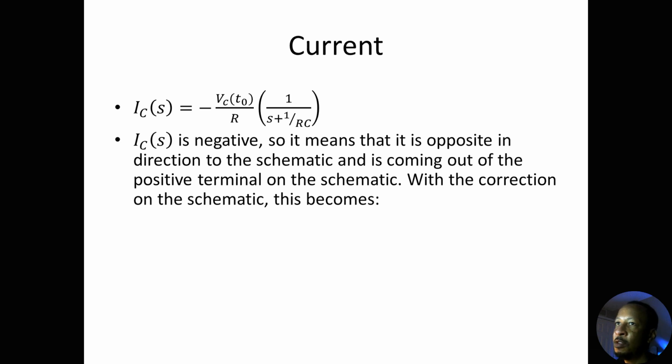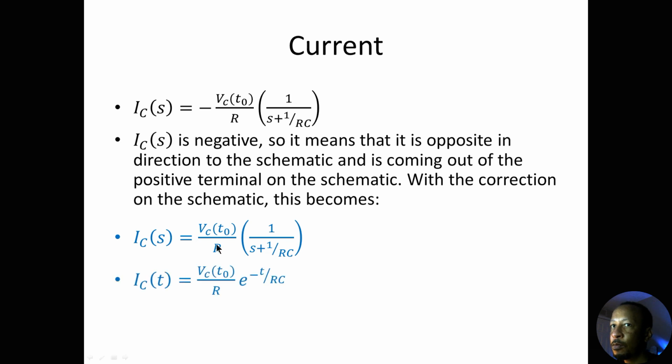With the correction on the schematic, this becomes IC of S equals VC of t sub 0 divided by R times 1 over S plus 1 over RC. And so now the time domain expression for IC of t is IC of t equals VC of t sub 0 divided by R times e to the negative t divided by RC. And now that is the same as before, so this checks out.